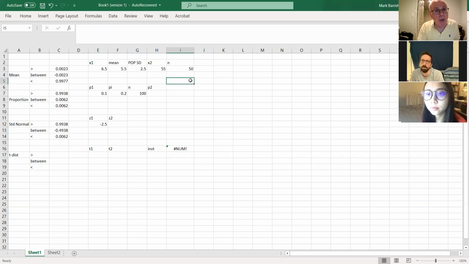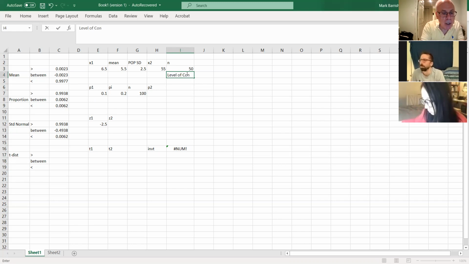And so suppose I put in, what am I going to put in? Oh, you know what I'll put in? Level of confidence. And so in I5, I'm going to put in 0.95.